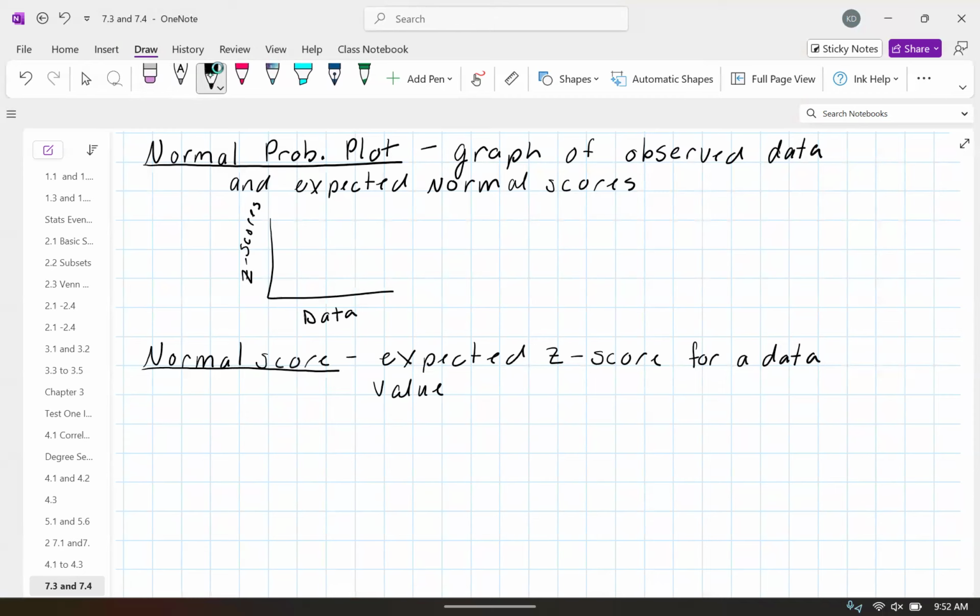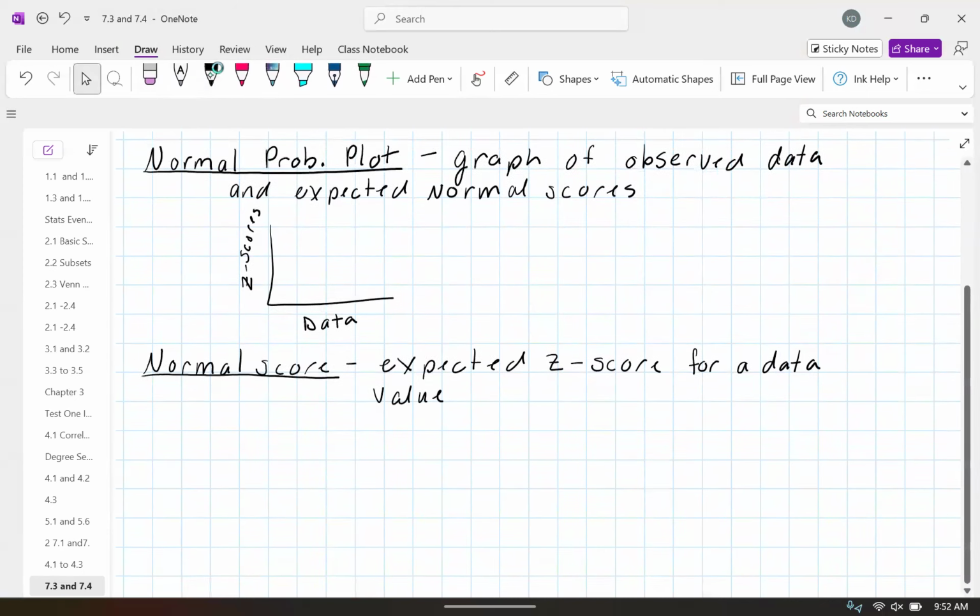So basically what we would expect. Again, we're reading it backwards. Once we graph this, we want our data to be linear, ideally.